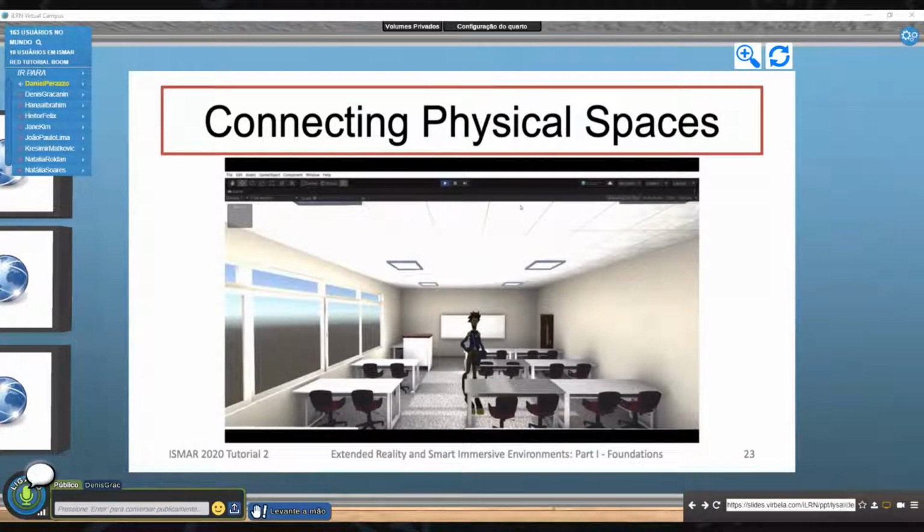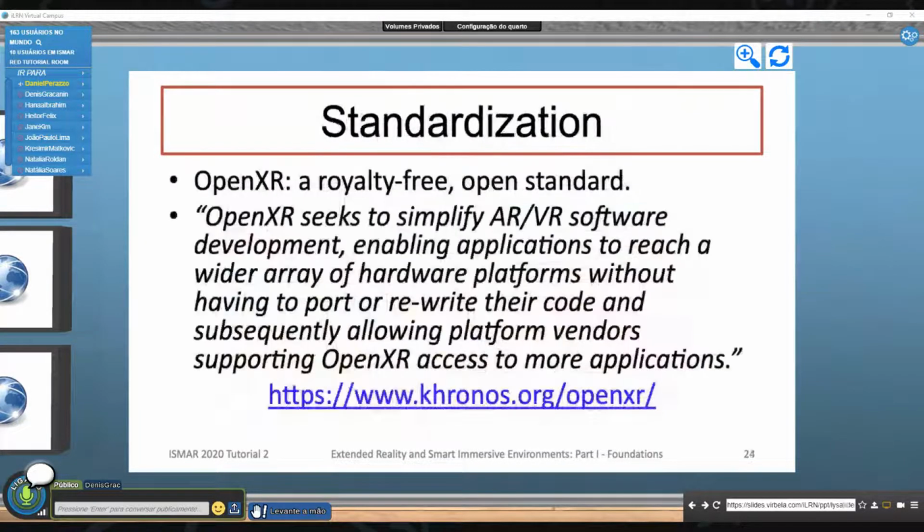In order to support that, of course, standardization is important.